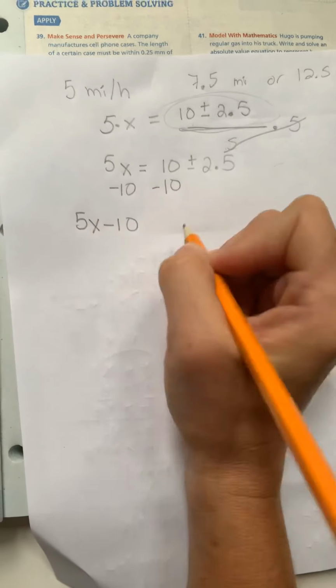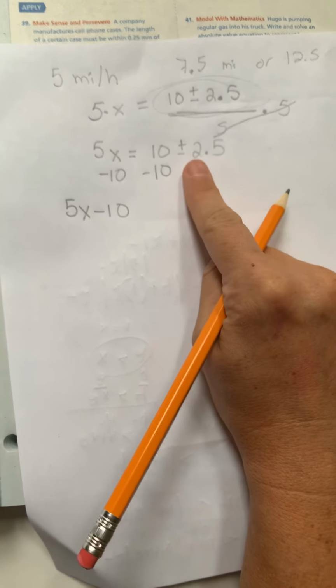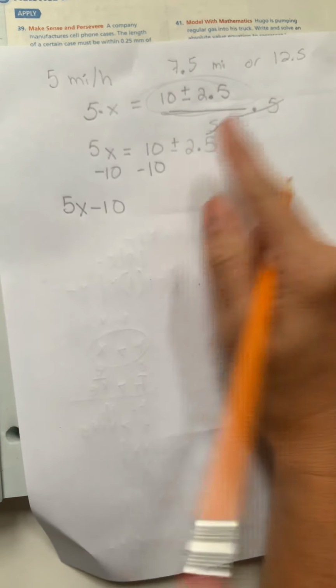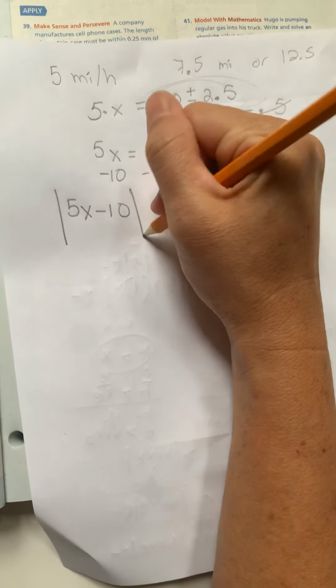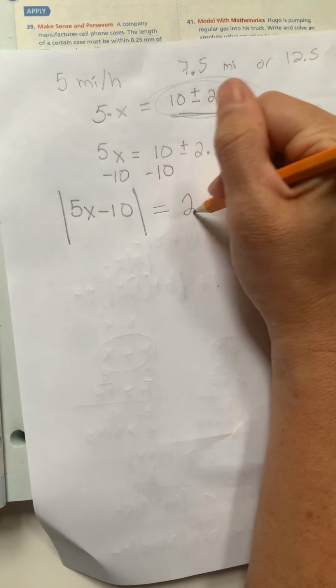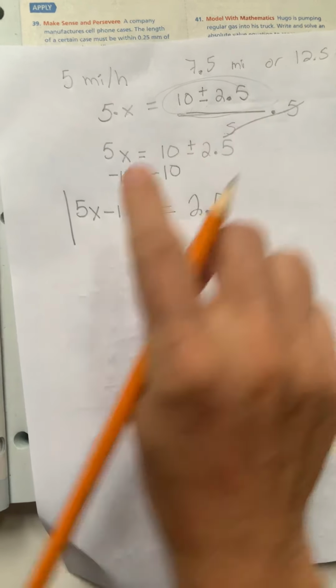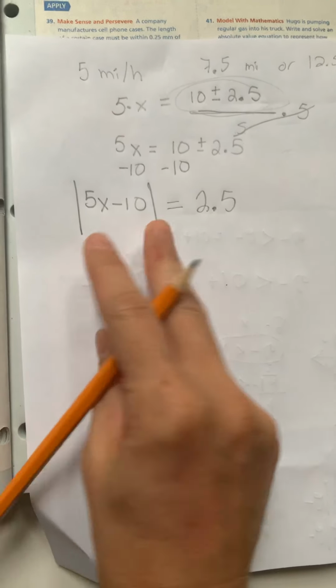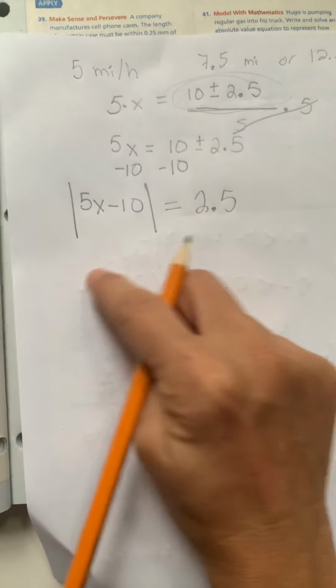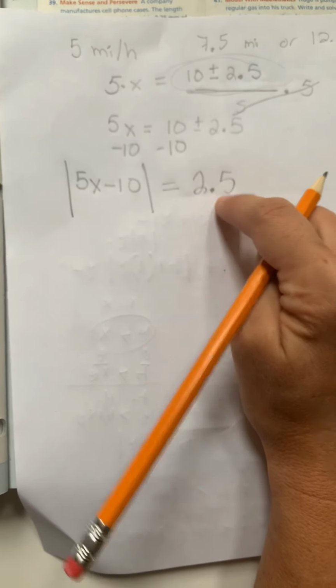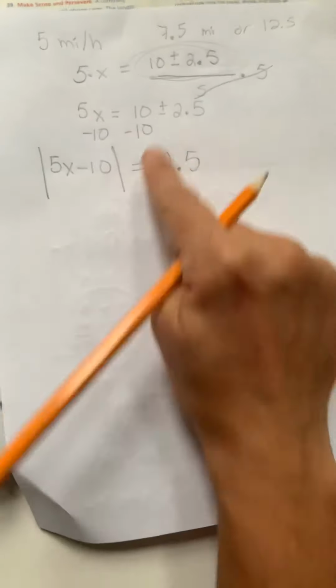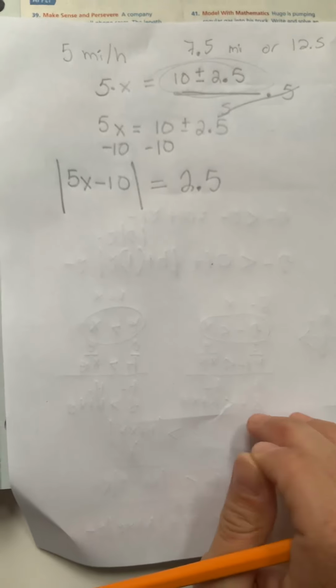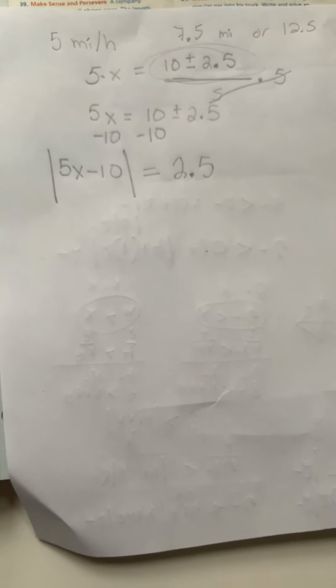5x minus 10. And here's where that plus or minus comes in. The absolute value of 5x minus 10 equals 2.5. See, because now if I go to solve this, I'm going to have to create two equations where one is plus and one is minus 2.5. I don't know if there's some other way to set this up that makes sense.